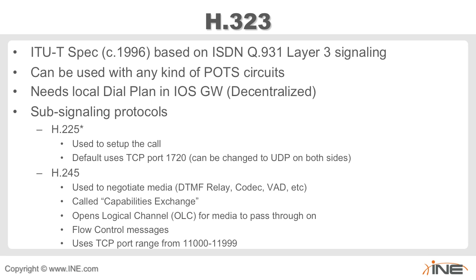And this does something called Open Logical Channel, or OLC, to define the media IP ports that media is going to pass on, as well as the RTCP ports for the RTP to be controlled with. This also deals with flow control messages back and forth. And this uses the TCP port range from 11,000 to 11,999. Well, I should say it uses that range when being used with slow start. And we're going to talk about the difference between slow start and fast start in a moment.